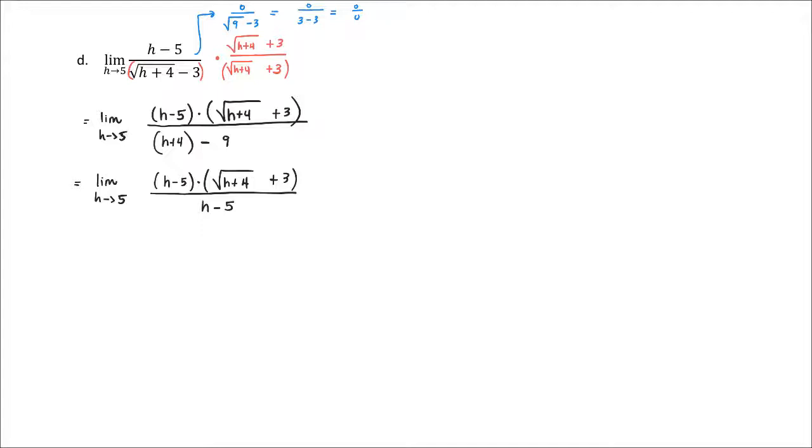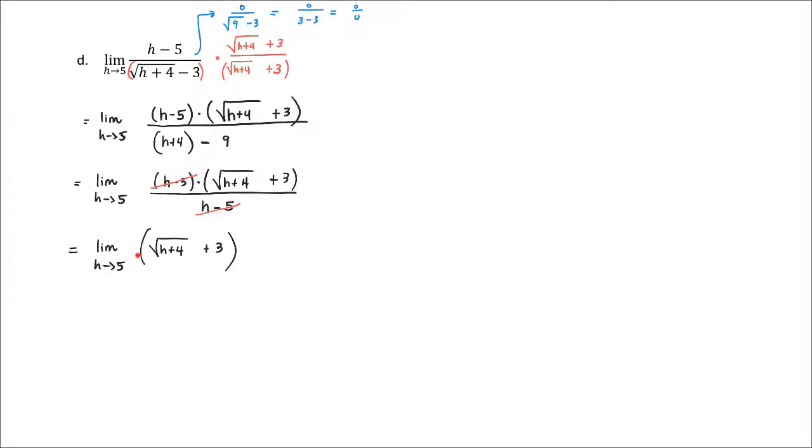And if you notice, that cancels this h minus 5 as well. So then we are going to be left with the limit as h approaches 5 of the square root of h plus 4 plus 3.